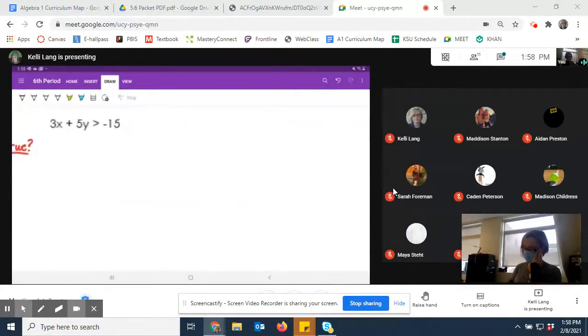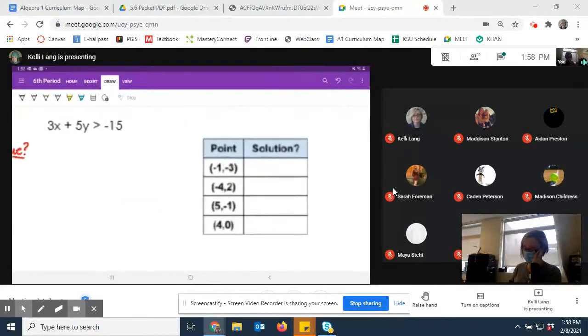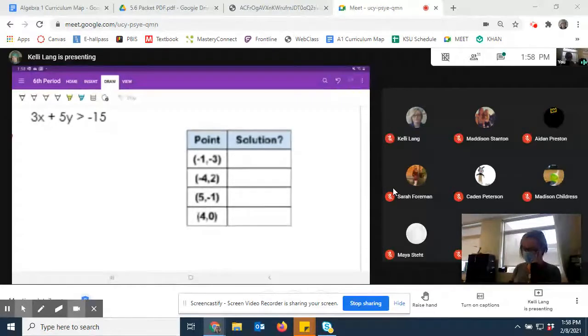This next one is the same exact concept, but it involves a little bit more work because the arithmetic's going to get a bit stickier here. Let's look at our very first point. Is -1, -3 a solution? Well, let's plug it in and find out. 3 times -1 plus 5 times -3 is greater than -15?